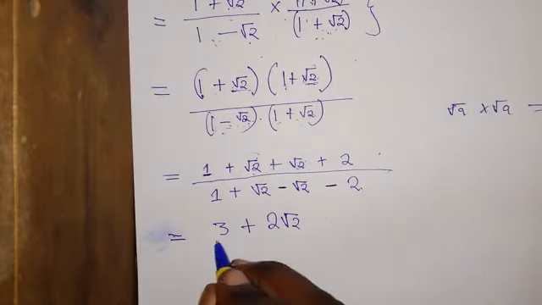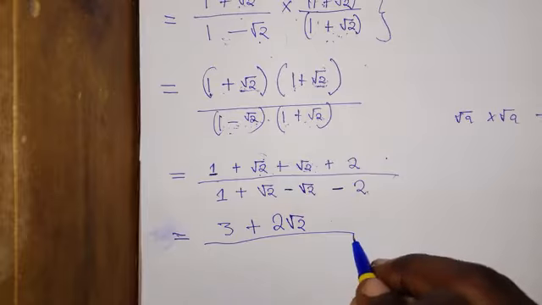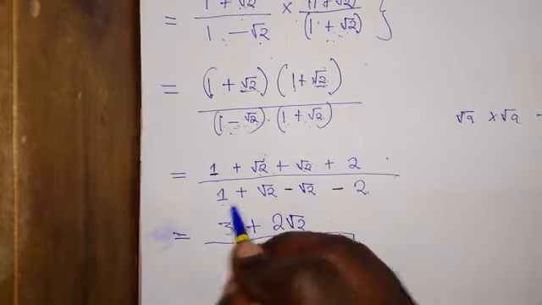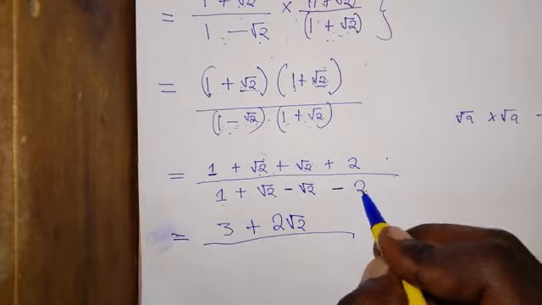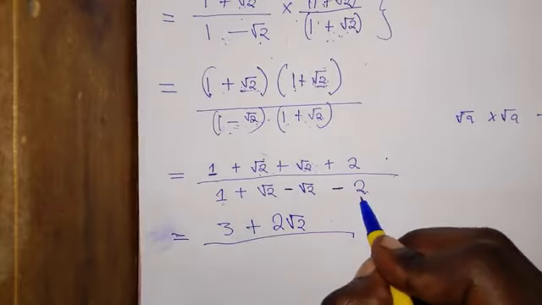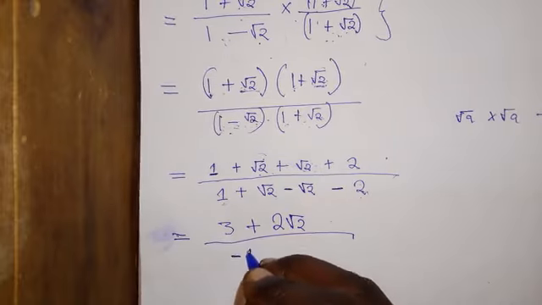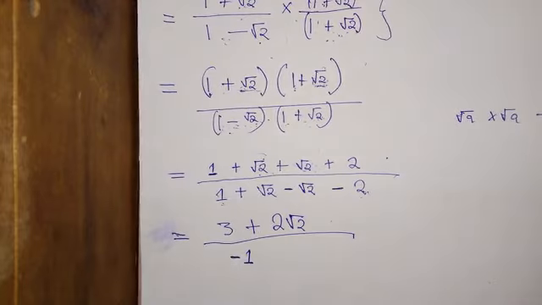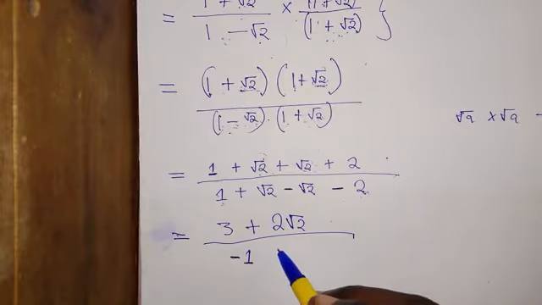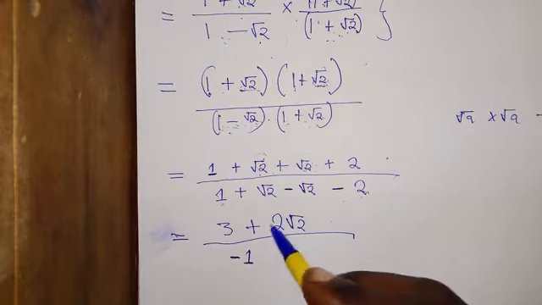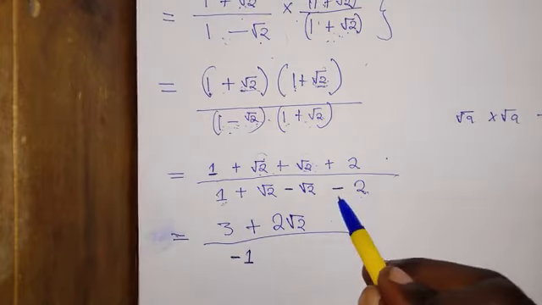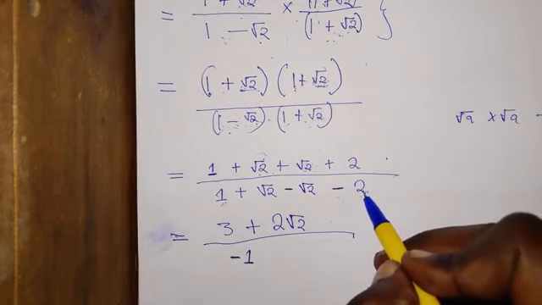Then this is our numerator. What about in the denominator? Like terms as usual. 1 and this negative 2, they are like terms. So I'm going to have 1 minus this 2. I'm going to have something like negative 1. Am I correct? 1 minus a 2, I'm going to have what?